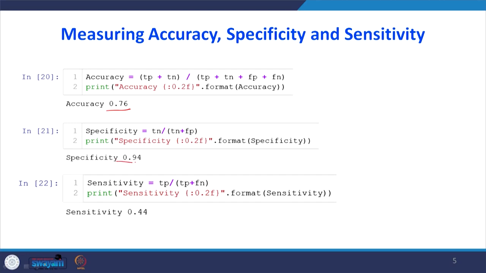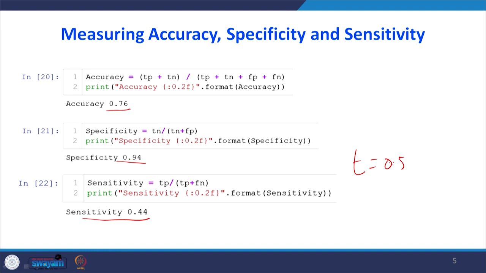For our problem it was 0.94. Then sensitivity is true positive divided by true positive plus false negative. For our problem sensitivity is 0.44. We got this specificity and sensitivity by taking the threshold as 0.5, which is our default value.